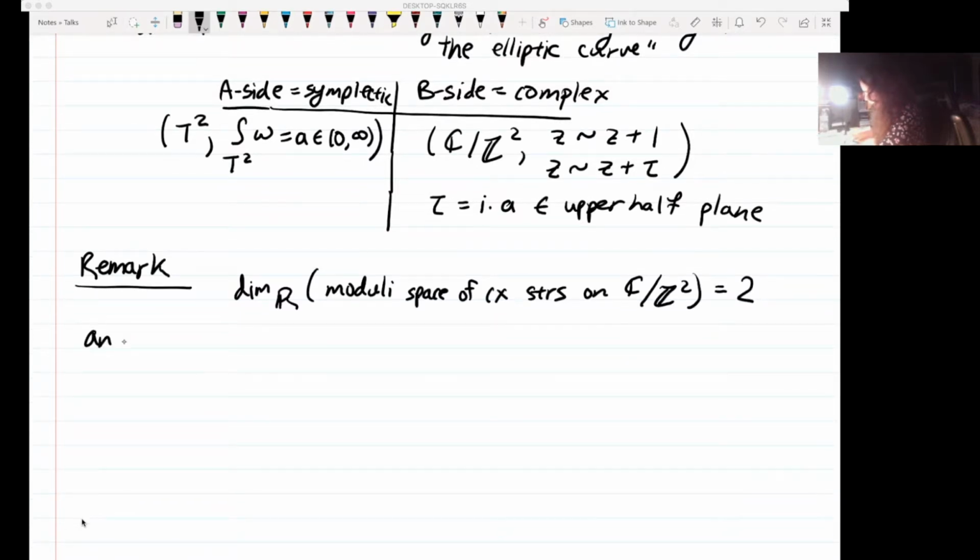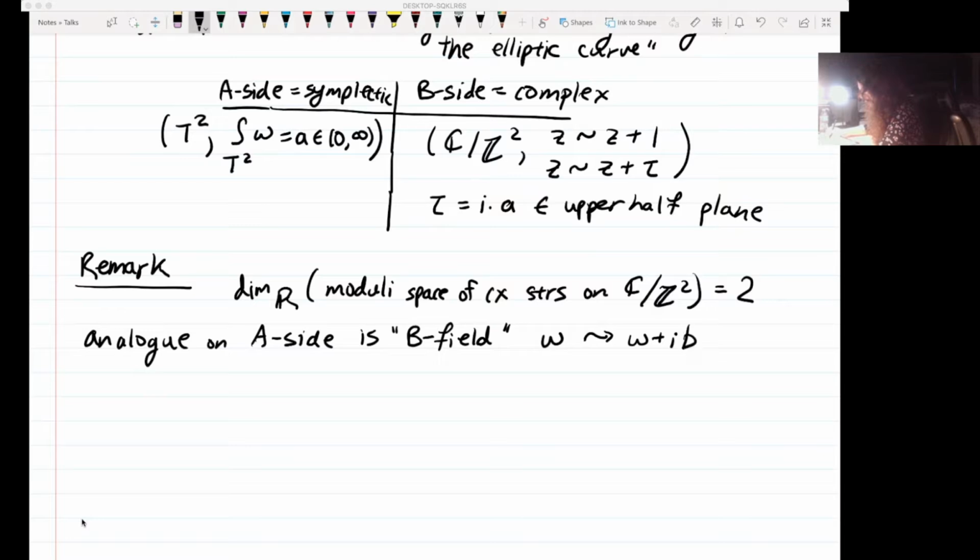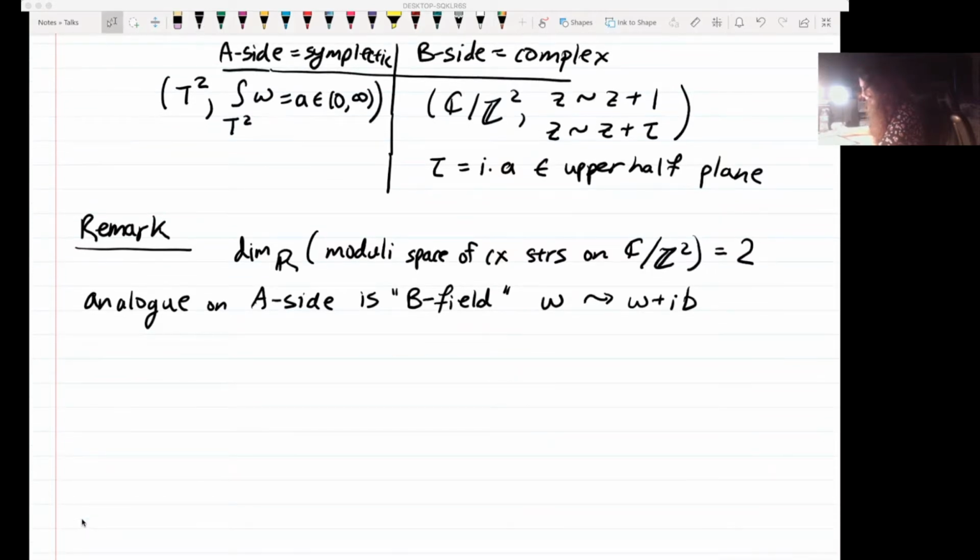And so the analog on the A side is this B field. And instead of omega, we add an additional form B, and this allows us to then vary tau in the upper half plane.